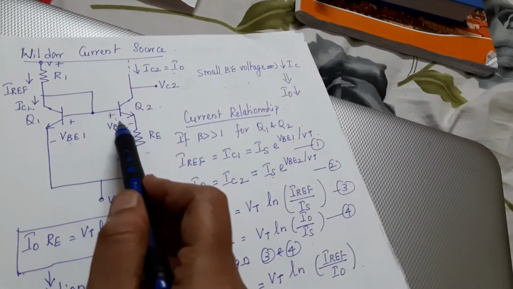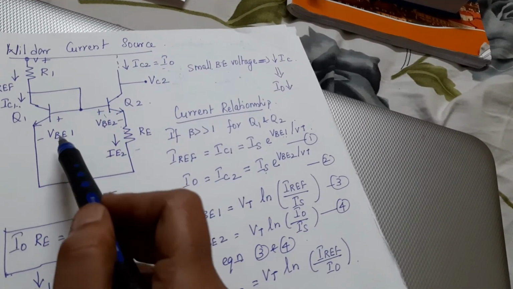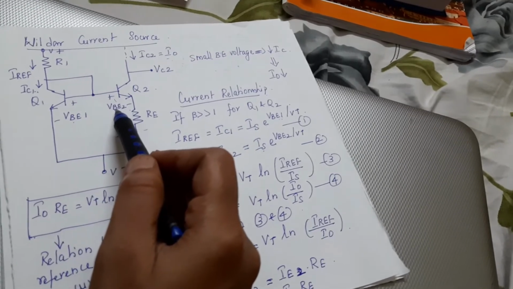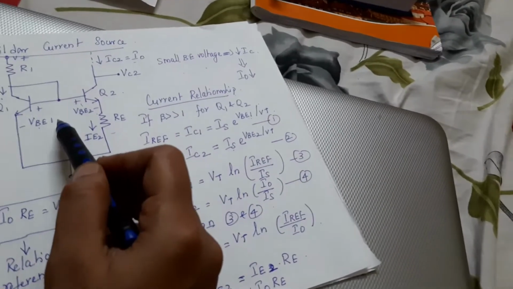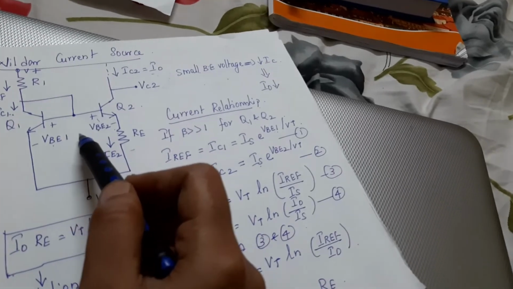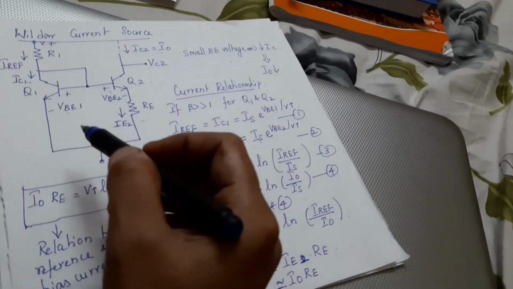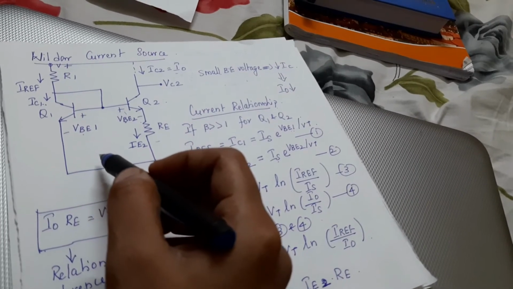Actually, in the ideal case, IB1 equals IB2, which means VBE1 will be equal to VBE2. But in the practical case, we will not be able to get that VBE1 equal to VBE2. So the linear approximation is not adequate since the base emitter voltages are not equal.